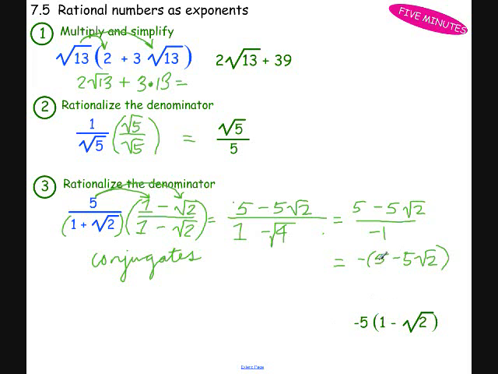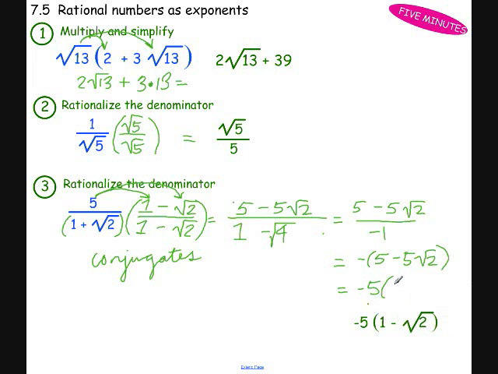So if I take a negative 5 out of there, it'll still be negative. It's 1.